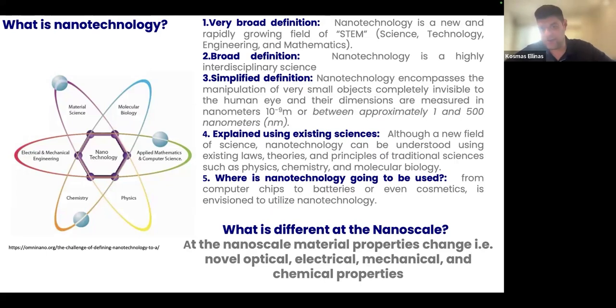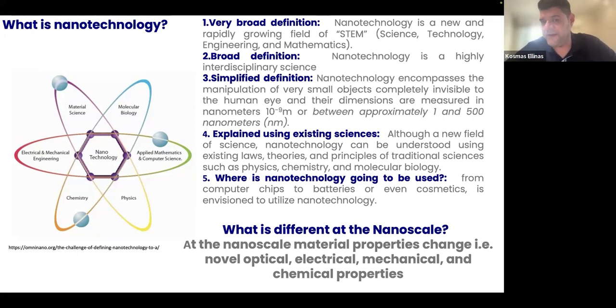There are several definitions. Nanotechnology is a part of STEM. It is a very interdisciplinary science, which is connected with material science, physics, chemistry, biology, mechanical engineering, chemical engineering, electrical engineering.